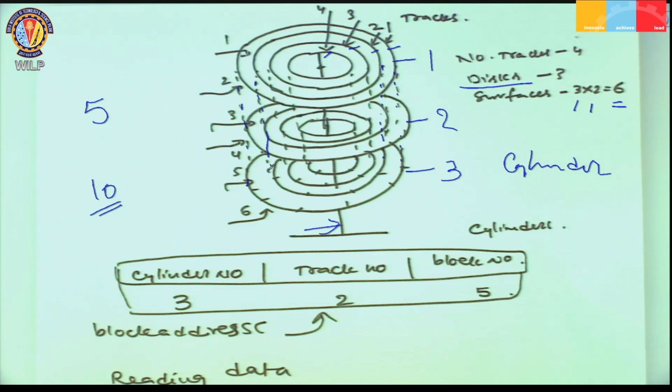Now the block address, if I want to refer to a block, is usually given by 3 components. First you need to refer to the cylinder number, to which cylinder that data block belongs, then on which track the data is stored, and then on the given track, what is the block number where I can get the data. So put together, the cylinder number, track number and block number form a block address.